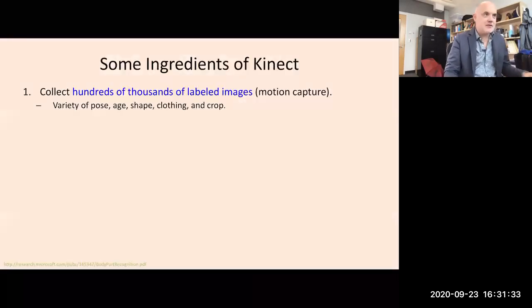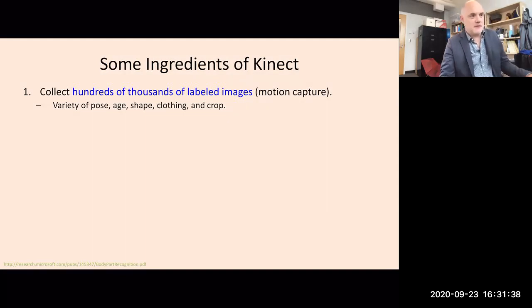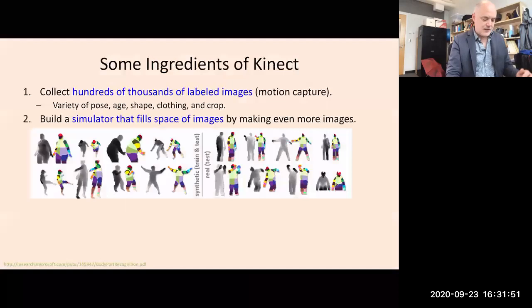So the first thing we need to do is collect hundreds of thousands of labeled images, right? We can do this. We get a bunch of different people to dance, and we hire a bunch of people to label that data very painstakingly by drawing in Microsoft Paint or whatever. We want to do this for a variety of people types and image types.